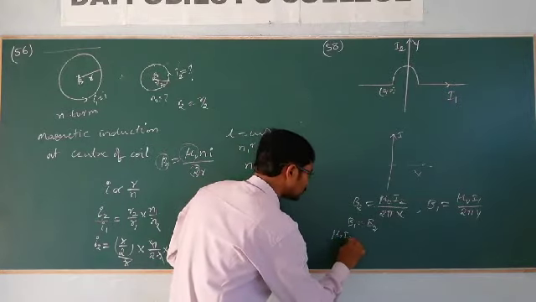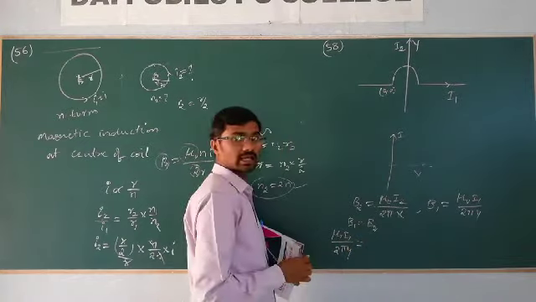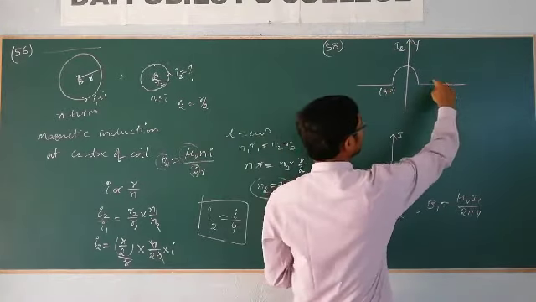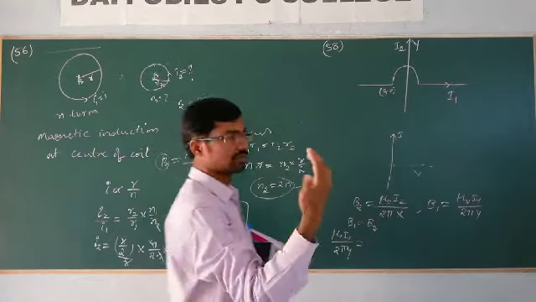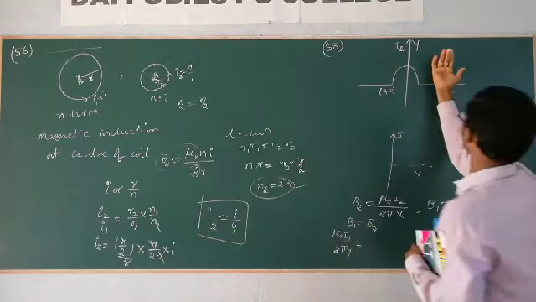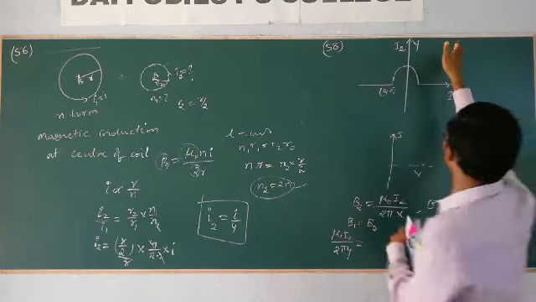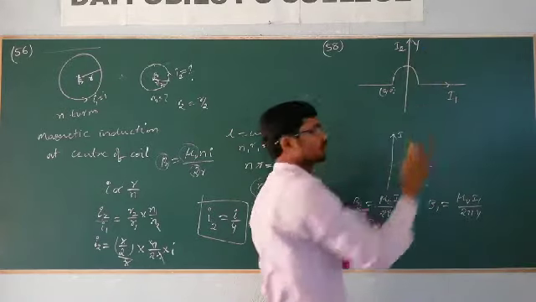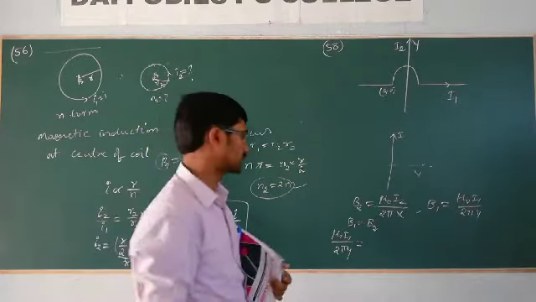Mu naught I1 by 2 pi y. Why do we have to take y? For I1, at a distance y, you will get the magnetic field. And even directions are important. Due to this I1 the magnetic field is outward, whereas due to the other the magnetic field is inward. With equal magnitude in opposite directions, you will get resultant magnetic field 0.